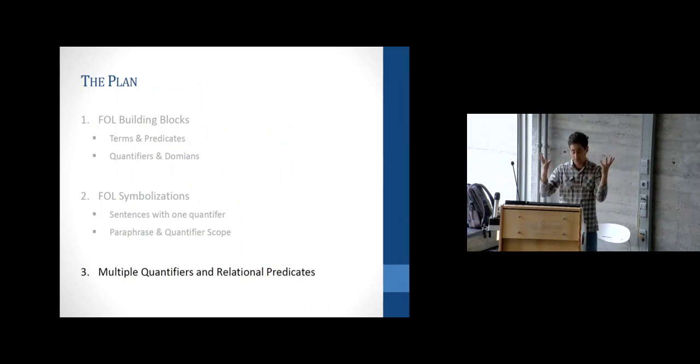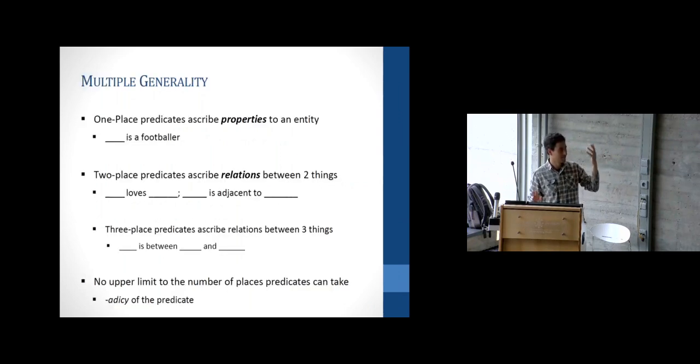But first order logic allows us to describe relations between objects as well, like taller than. Here are the examples. We call a one-place predicate one that only takes one thing. We call them also properties.